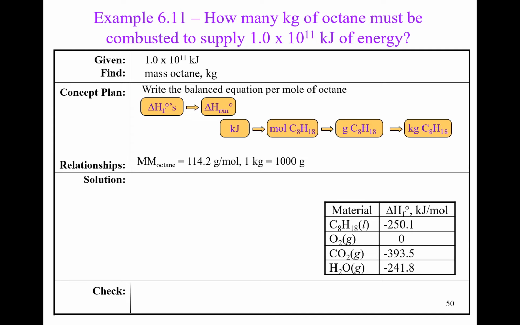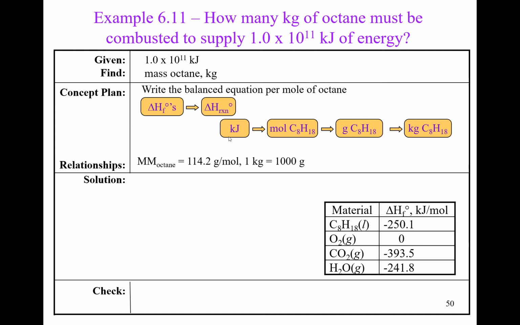Okay, so we're combining lots of things we've done all semester long here, right? We take our heats of formation and do the summation to get us to the heat of reaction. We have to balance the equation, otherwise we'll never get to know how much heat for just 1 mole of octane. Then in this instance, we're going from the total amount of energy to how much gasoline.